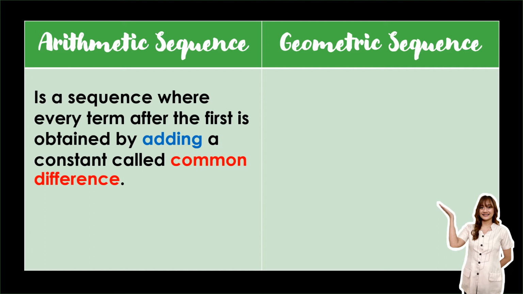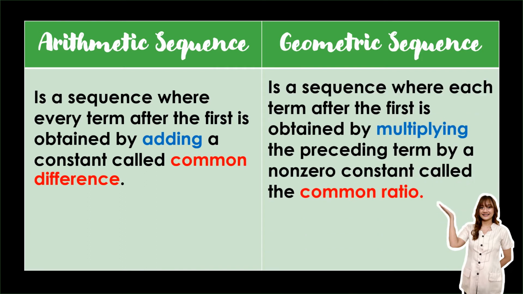Now let us have the definition of geometric sequence. Geometric sequence, on the other hand, is a sequence where each term after the first is obtained by multiplying the preceding term by a non-zero constant called a common ratio.